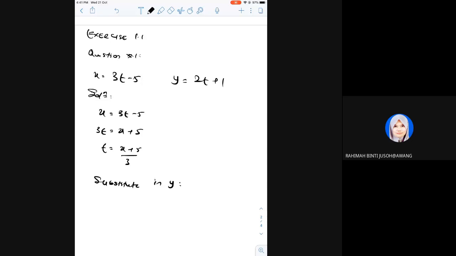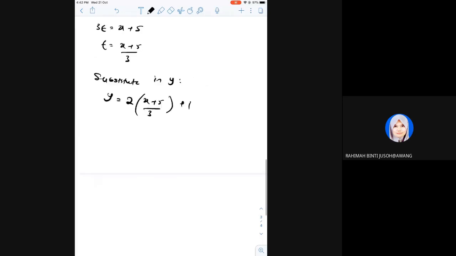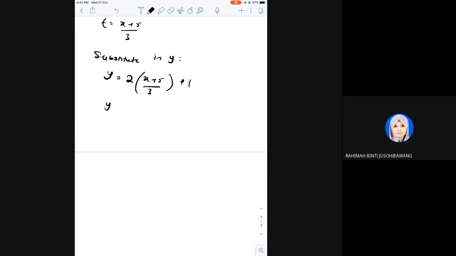So we will have y equals 2 times t, so t is x plus 5 over 3, plus 1. So we will have y equals 2 over 3x plus 10 over 3 plus 1. So y equals 2 over 3x plus 3 times 3 over 3, so 13 over 3, like this.